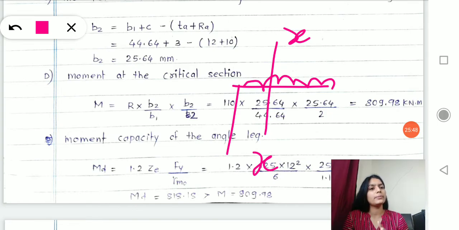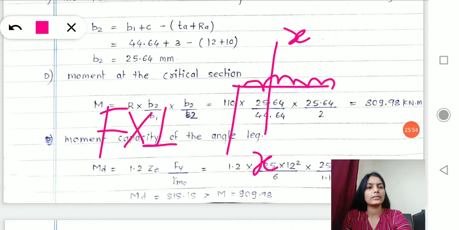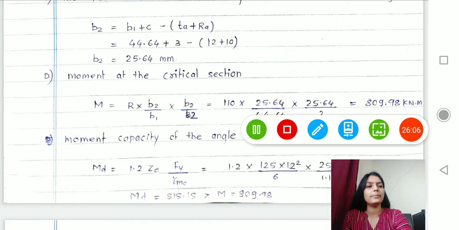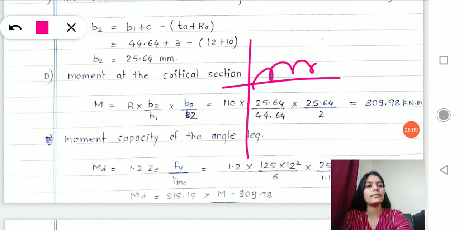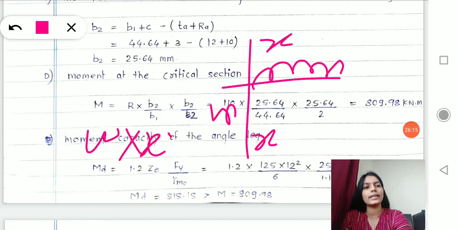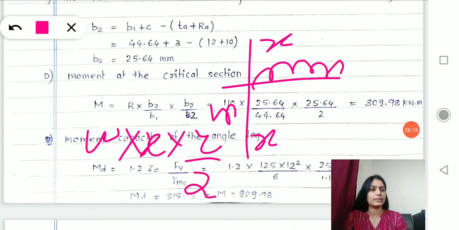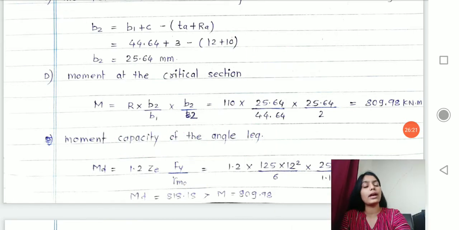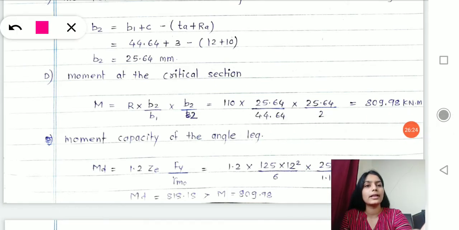Now how will you calculate the moment at that point? You have to calculate moment as force into perpendicular distance. What will be the force? Force will be R divided by B1. Simply, how will you calculate moment at XX? You will calculate W into X into X by 2, right? Similarly, for our connection we will do like this: R by B1 multiplied by B2 into B2 by 2.